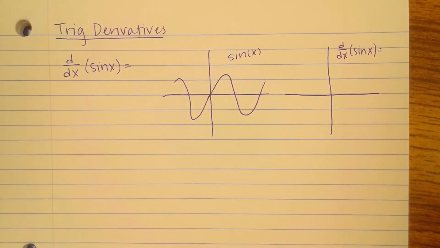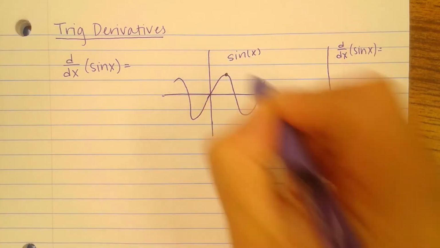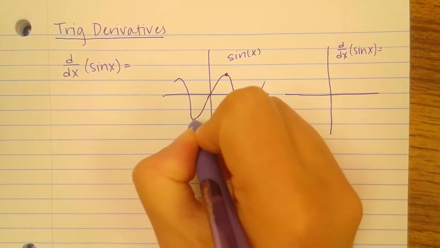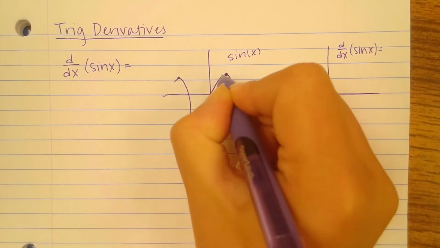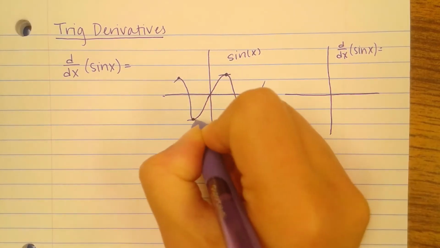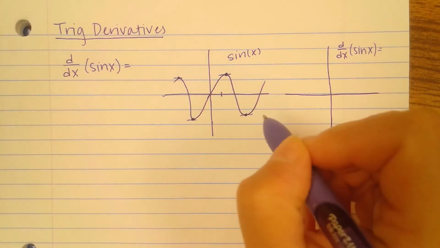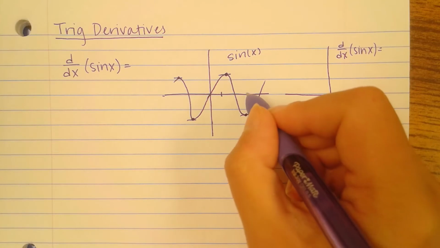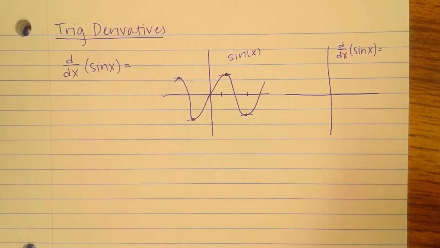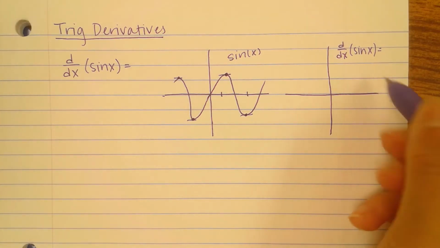A while back we talked about important features of graphs, and one of those were maximums and minimums. The key to those features was that my derivative at that point is 0. So at pi over 2, because that's where sine reaches a maximum, I have a derivative of 0, and at 3 pi over 2, I have a derivative of 0 for my derivative function.